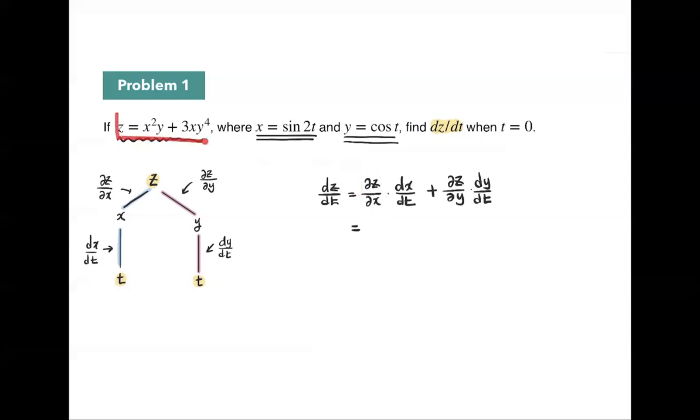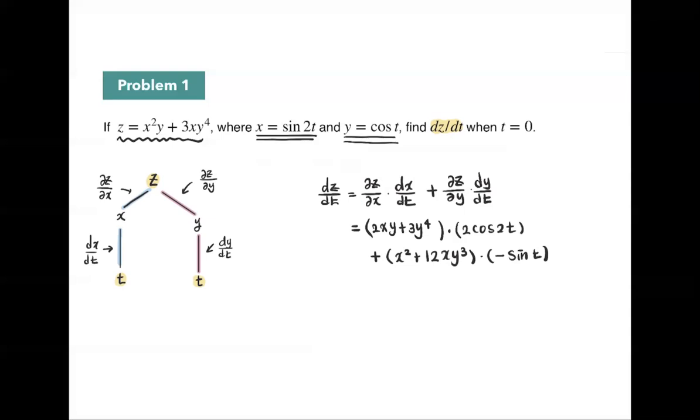Since we know the relation, we take a partial derivative with respect to x. Then we get 2xy plus 3y to the 4 times dx/dt. Taking the derivative, we get 2 times cosine 2t. Plus dz/dy, which is x squared plus 12 times x y cubed, and times dy/dt, which is minus sine t.